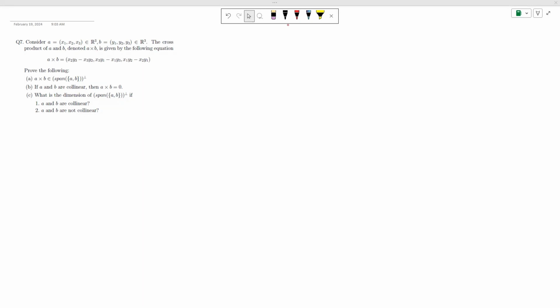If I take A cross B and take the inner product with V, this equals 0 for all V in the span of the set AB. What does it mean for V to be in the span?